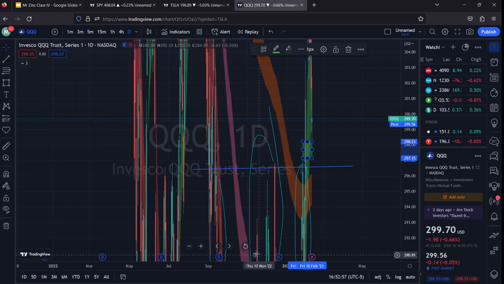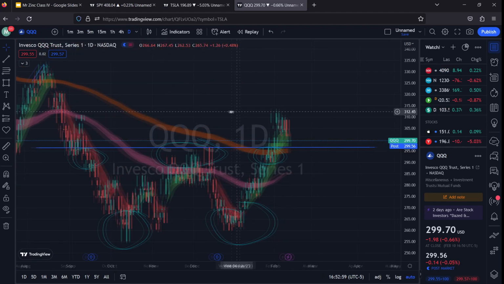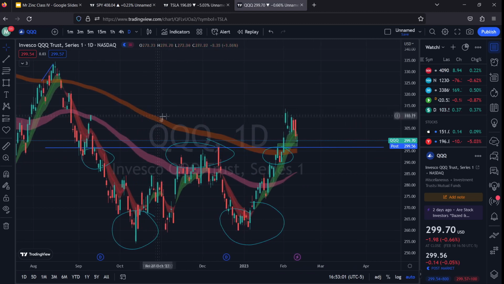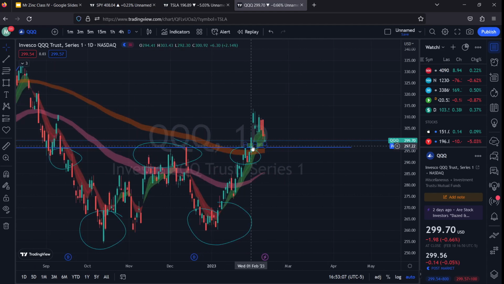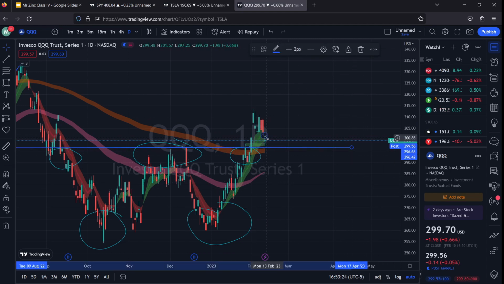So if we go on the daily on QQQ, we can see that there's a pretty nice looking double bottom here. We broke the neckline of the double bottom, and we're currently shooting right up to the expected break, which is also previous resistance, 311, and then we're coming back down to retest the neckline break.